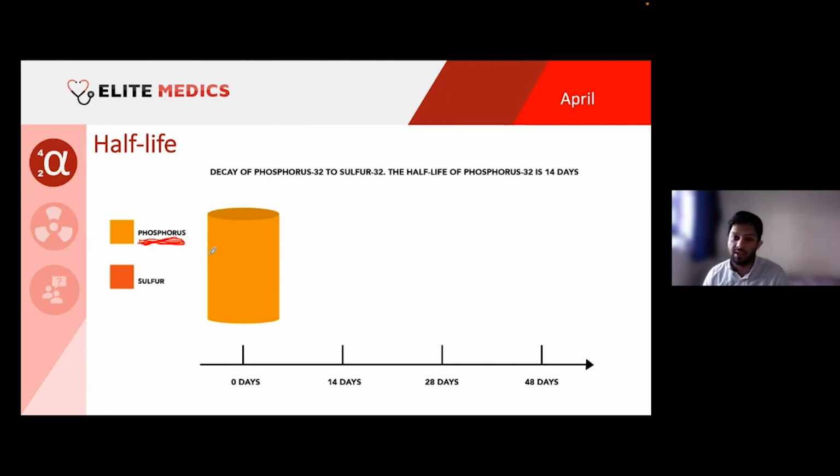Well, it will decay just like any other radioactive material will, and when it decays, it will give off alpha particles. Remember, an alpha particle is a helium nucleus essentially, and that will involve having 2 protons and 2 neutrons. So it will have a proton number of 2 and a mass number of 4.